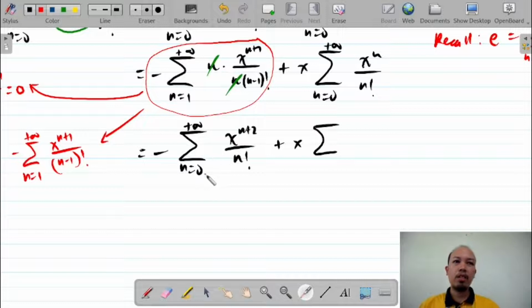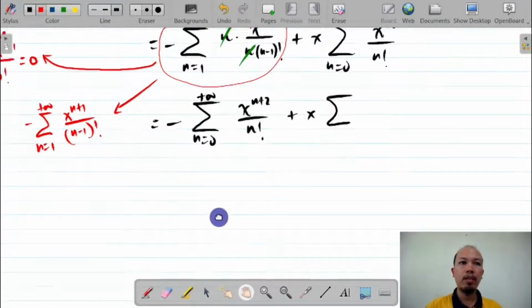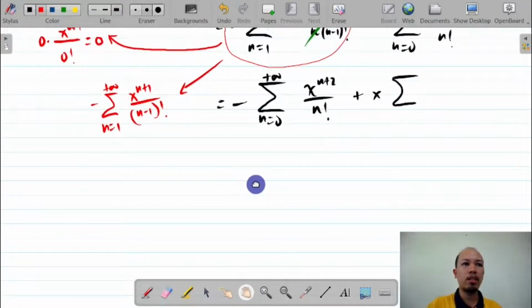Okay, try to substitute. If you want to expand, let's try to expand this one here.